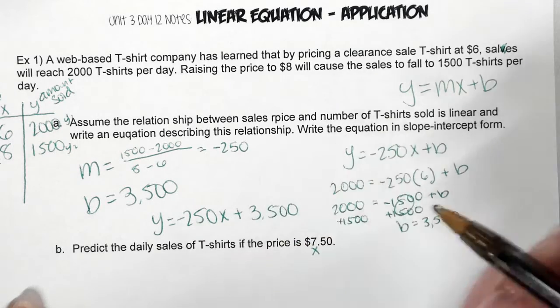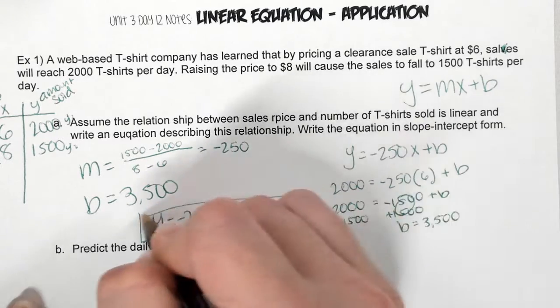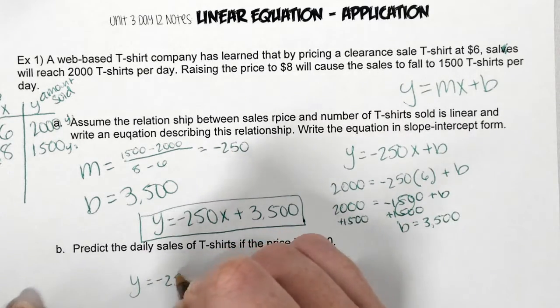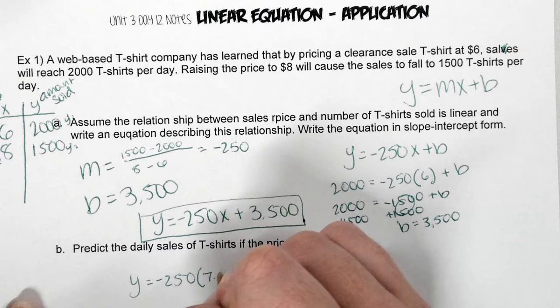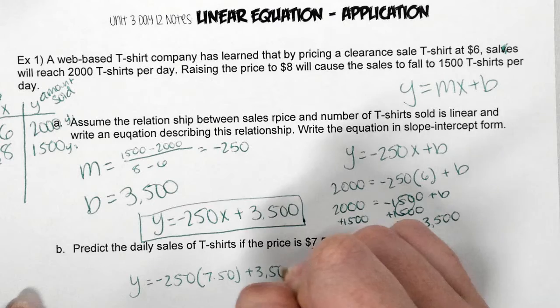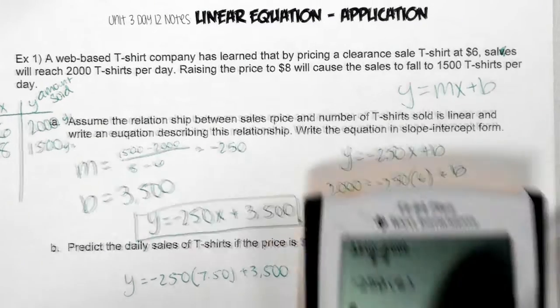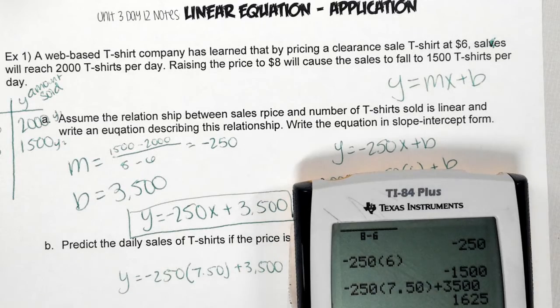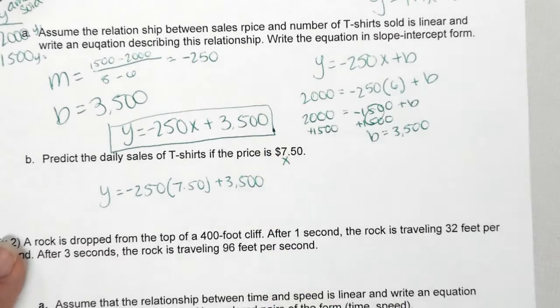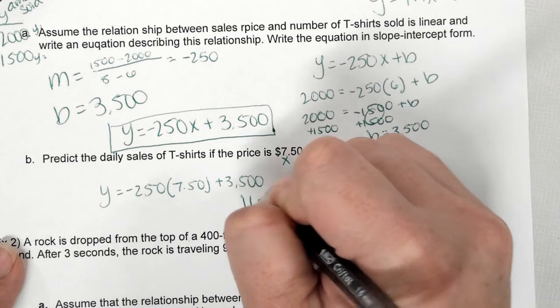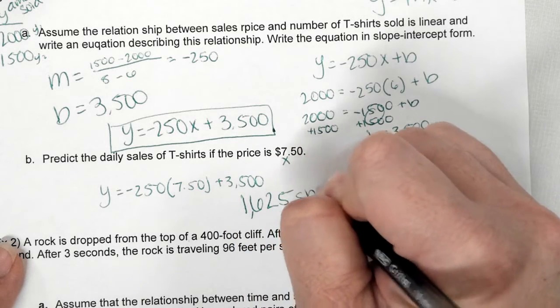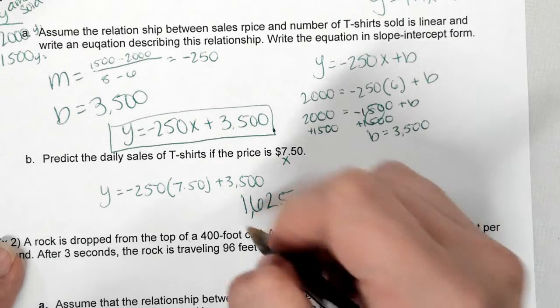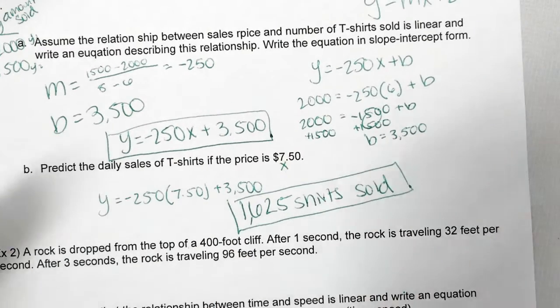So I'm just going to plug it into this equation. y equals negative 250 times x, which is $7.50, plus 3,500. And I get 1,625. So I sold 1,625 shirts if it was $7.50 a piece. So there's the first one.